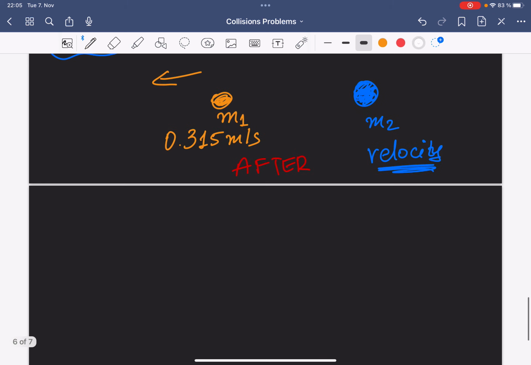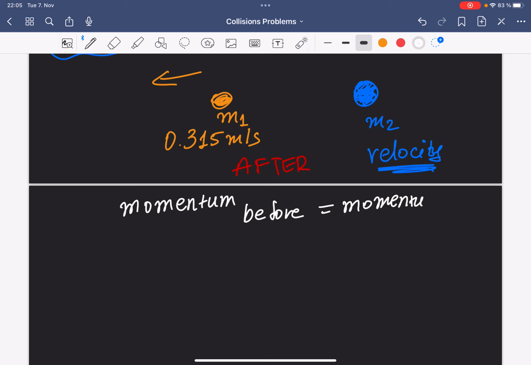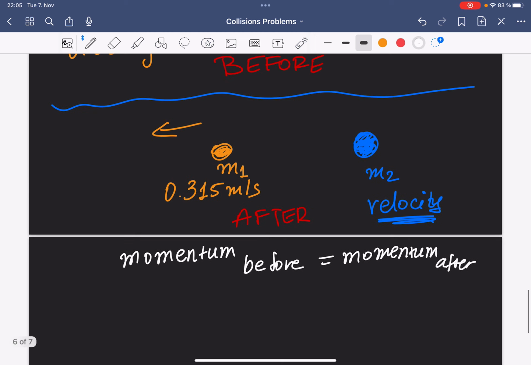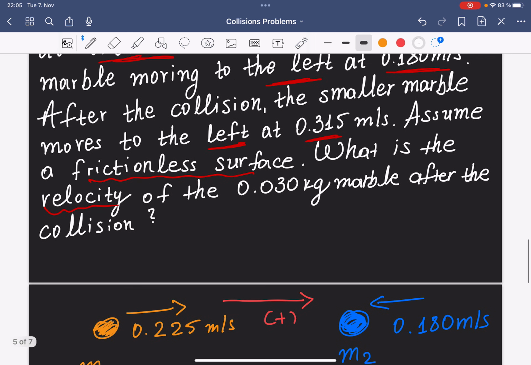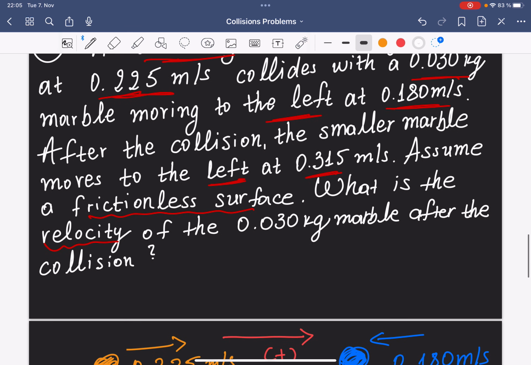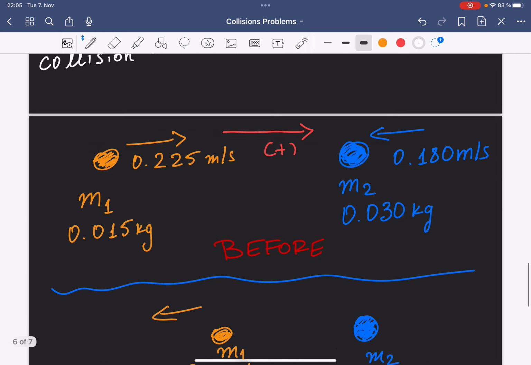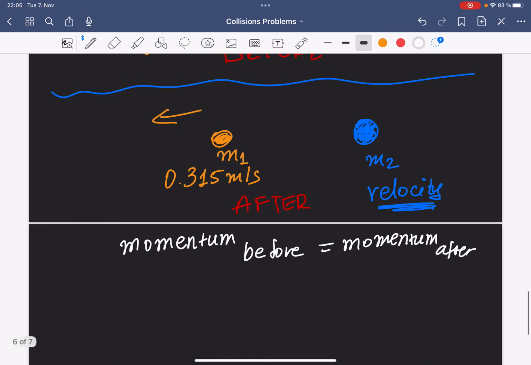Now we know that the momentum before needs to be equal to the momentum after. And this is because of the principle of conservation of momentum, and since we have a frictionless surface, which means we have a closed system, momentum will be conserved.